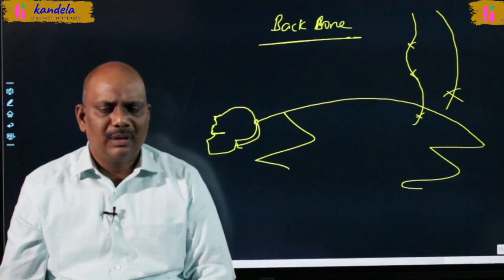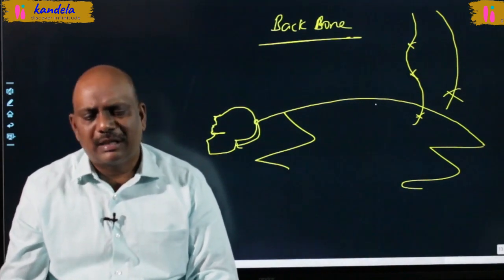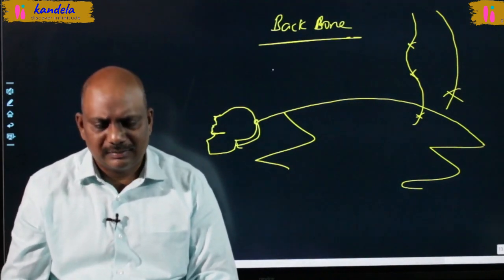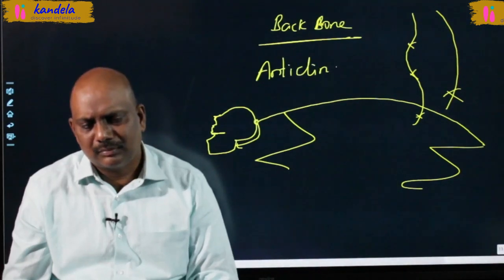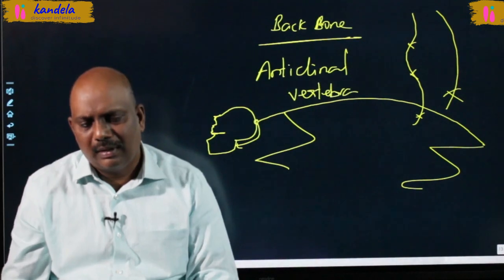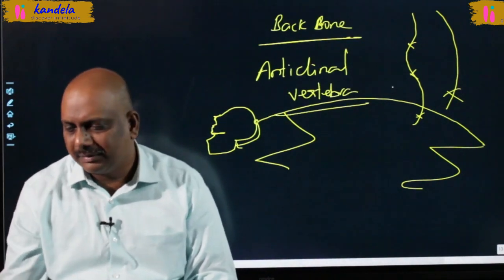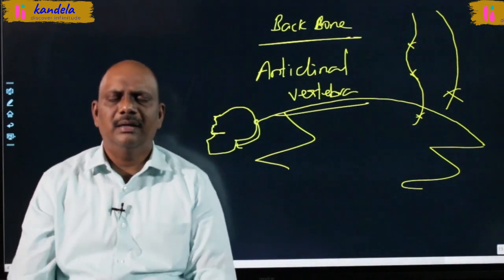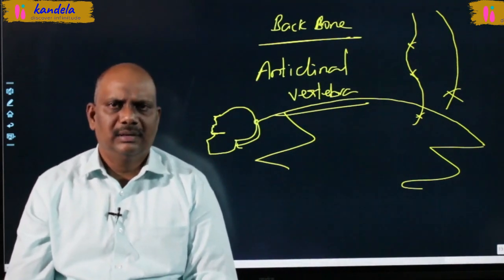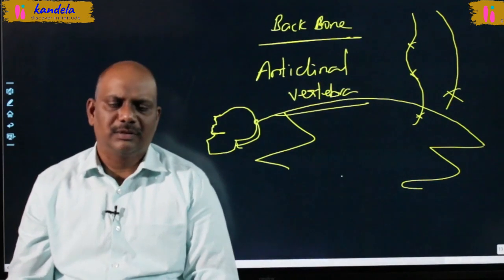Got it? This multiple arched vertebral column is called anticlinal vertebra, the presence of multiple arches.